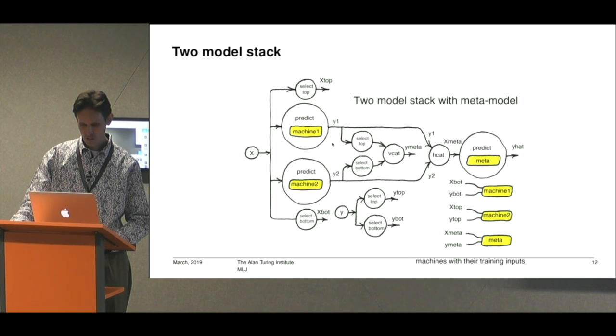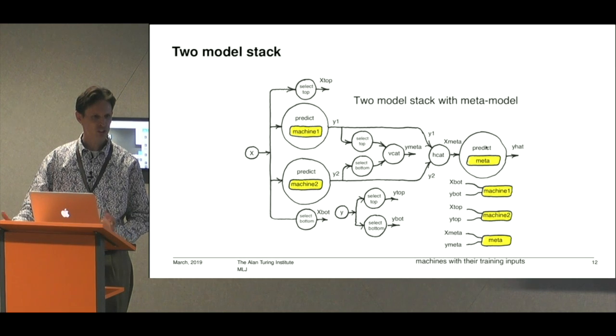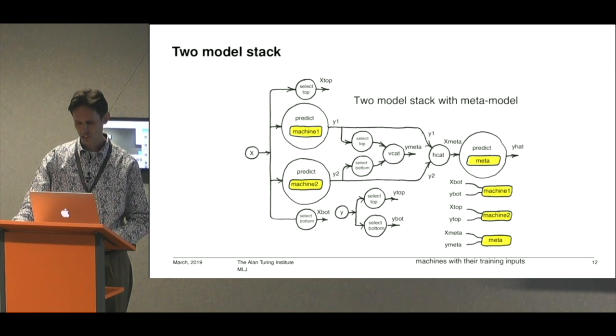Then those two predictions get concatenated together into a new table, which gets fed into a third model, which is like the judge. That judge decides how to blend those predictions and gives you a final prediction, which hopefully is better than either of the other two, and there's a good chance of that actually being the case.